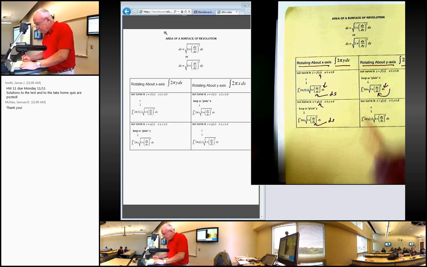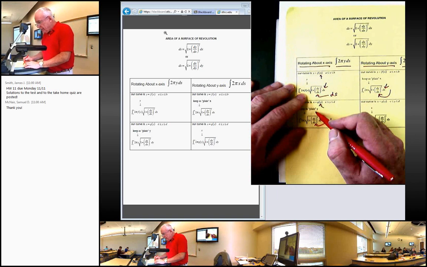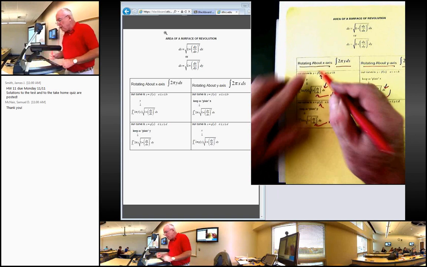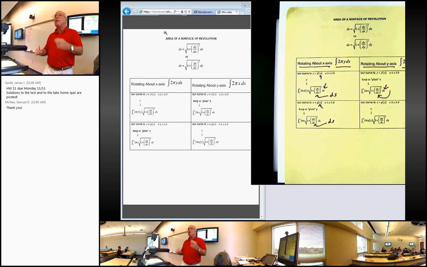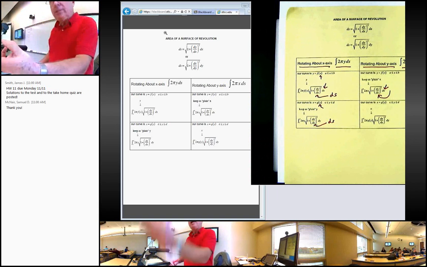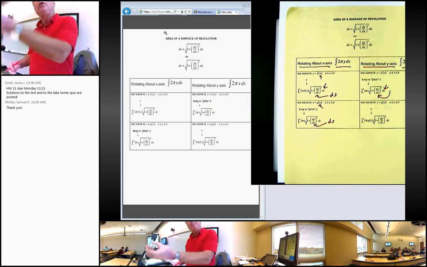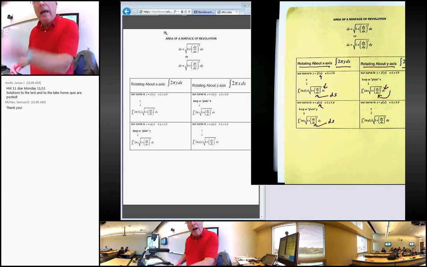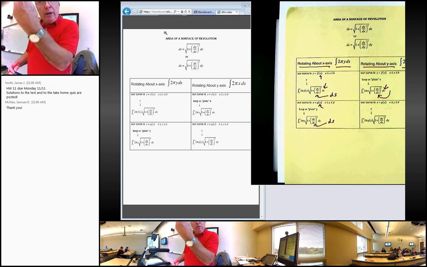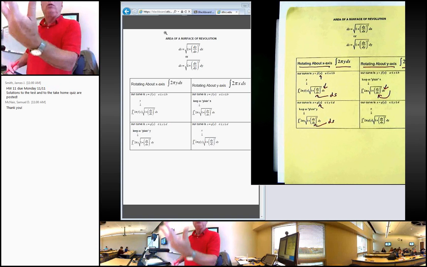So in that case, the general formula about the x-axis is 2 pi y ds, so I have to get some x's in there. I'm not going to keep it as y. That's why I plugged in for y what it's equal to in terms of x, because I don't want to have two variables in the integral.